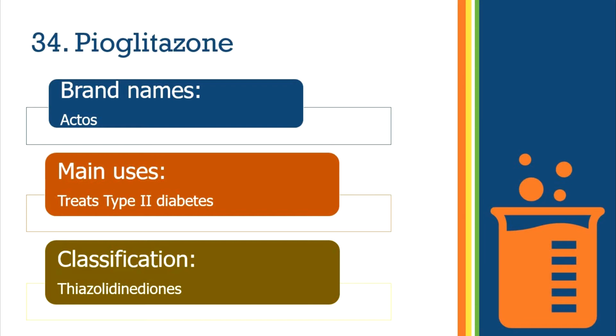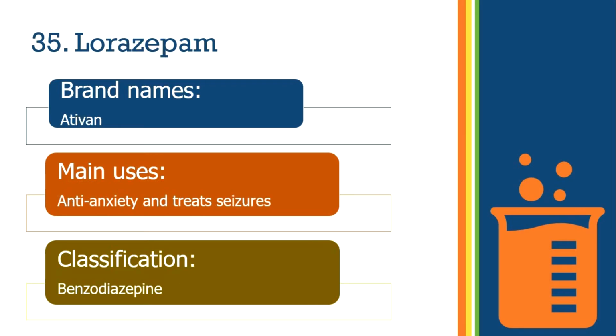The classification of this drug is thiazolidinediones. Lorazepam. The brand name is Ativan, and can be used mainly to treat anxiety and seizures. The classification is benzodiazepine.